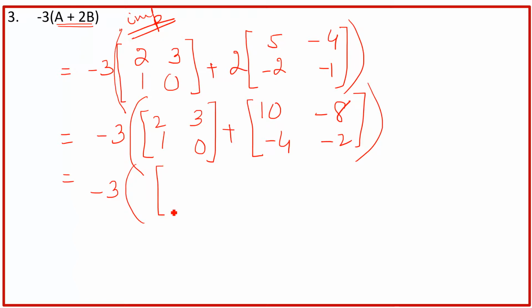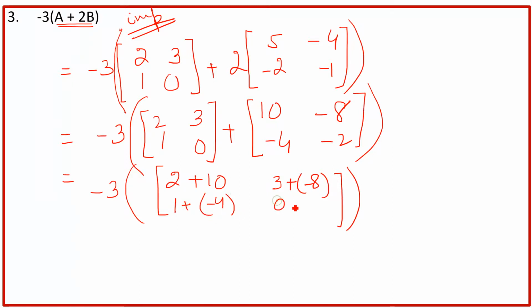Corresponding entries together. 2 plus 10, 3 plus -8, 1 plus -4, 0 plus -2, -3. Here we have 12, or it will be -3.